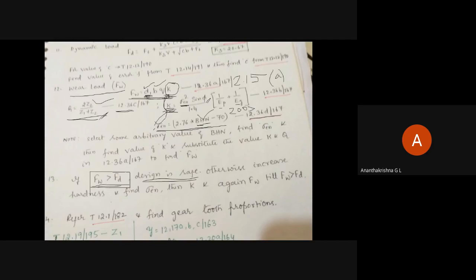That is, wear load is greater than dynamic load for the design to be safe. That is what I have given here. Again, repeat till FW is greater than FD, for the design to be safe.